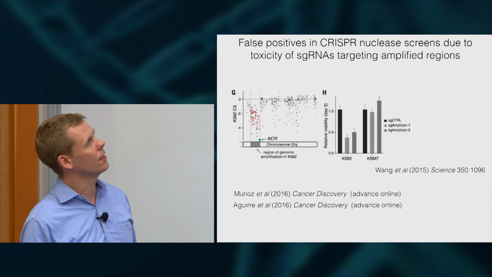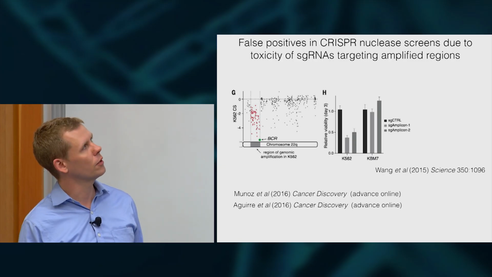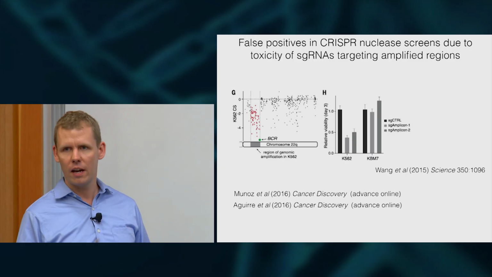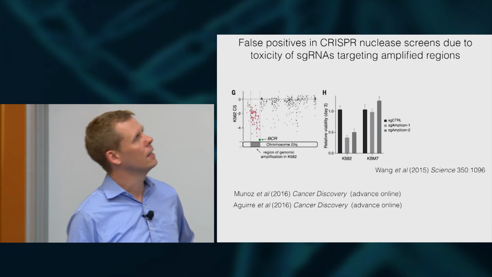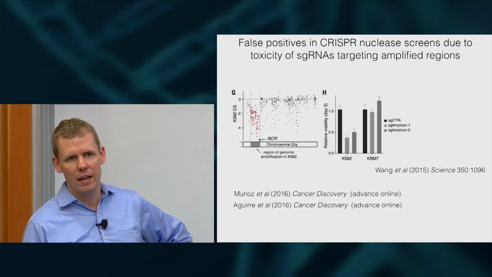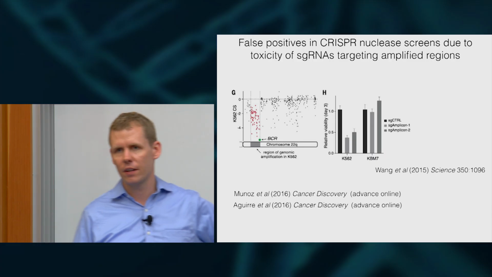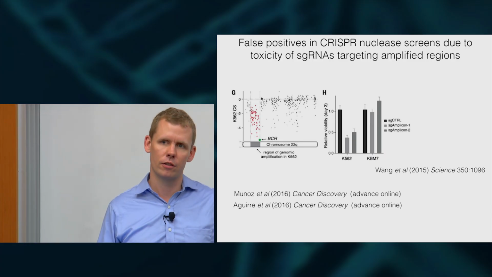And it turns out that this is a region that is amplified in K562 cells. It is around the BCR-ABL fusion gene, which is actually driving that cancer cell. Interestingly, it's not only the guide RNAs targeting the BCR-ABL directly, but anything in that amplicon that are very toxic selectively in the K562 cells, whether or not they even lie on a gene.